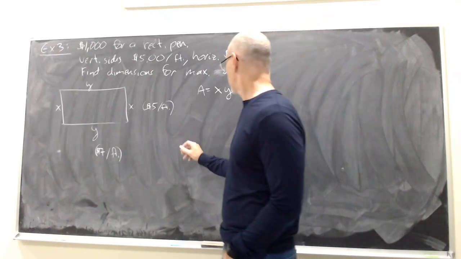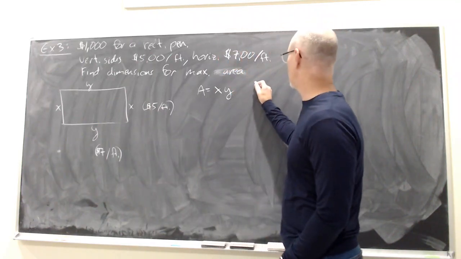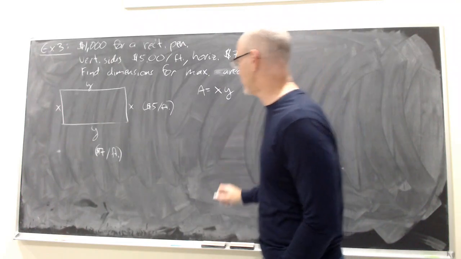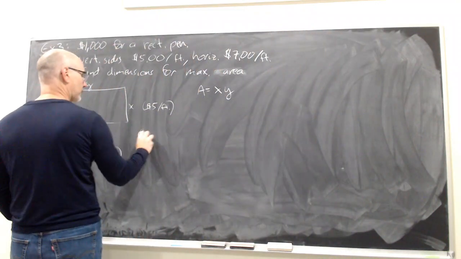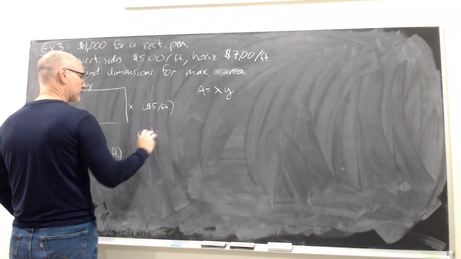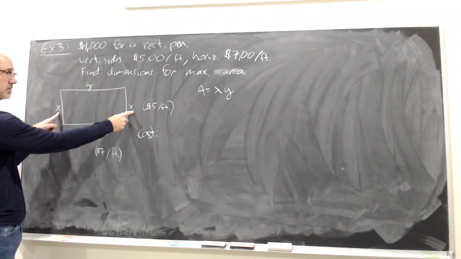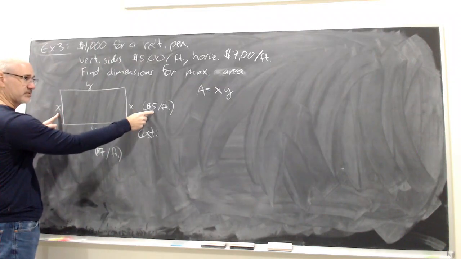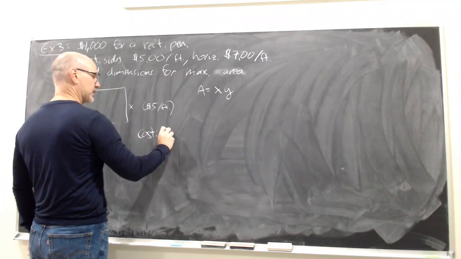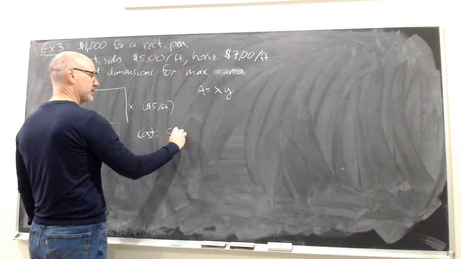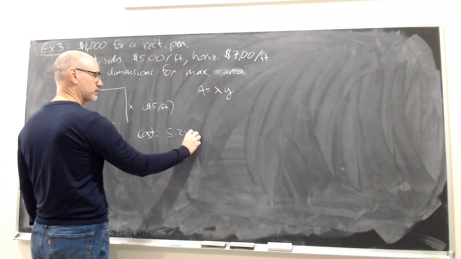So let me write the cost now. Maybe over here is good. We have two sides that have dimension X that cost $5 a foot. So that's going to be 5 times 2X.